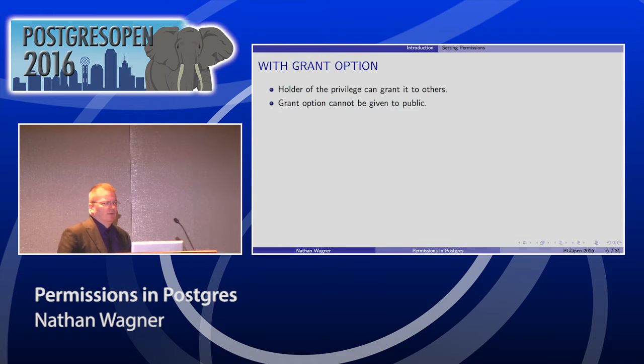I could see you might, for instance, grant select permission on these tables to the manager of the developer group, and then he can worry about which of his developers need further access. With grant option can't be given to public. It has to be given to an actual role rather than just everybody. For those of you who are Unix users, public kind of amounts to the world or other rights.